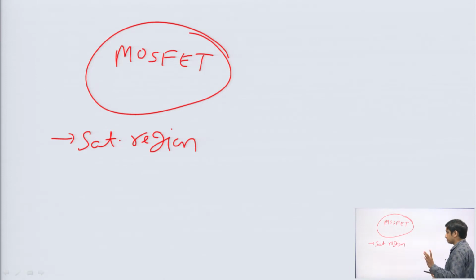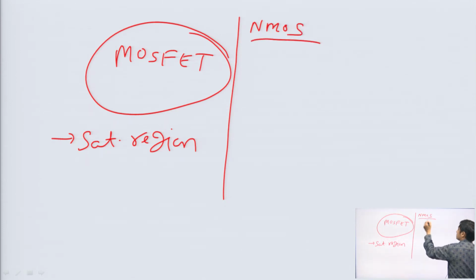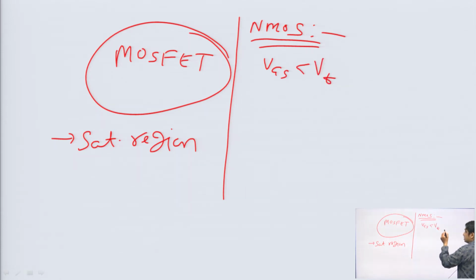How do we find it out? First of all, let us understand it. For NMOS, if you understand NMOS, then the opposite occurs for PMOS. If your gate to source voltage is less than your threshold voltage, then your NMOS will be in cutoff region. Just observe the circuit.